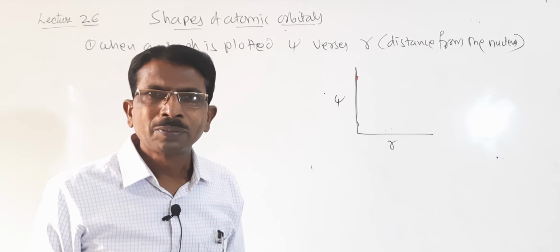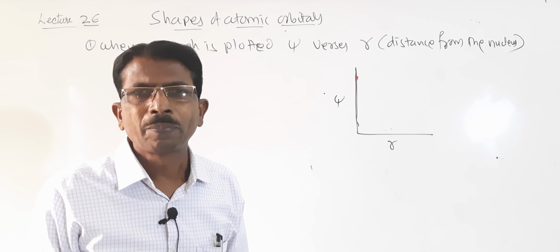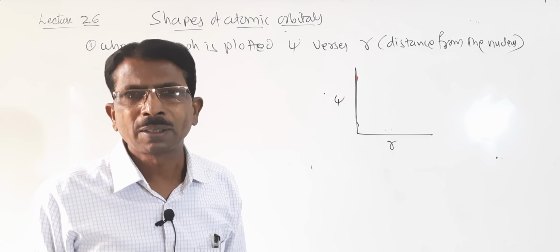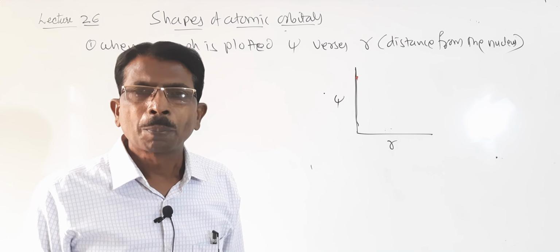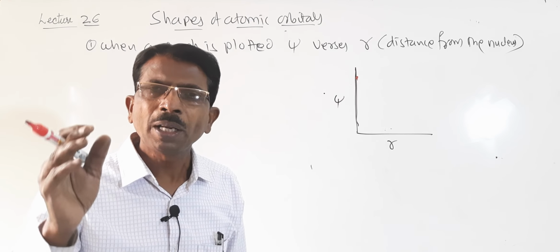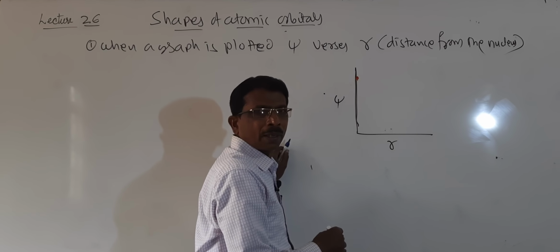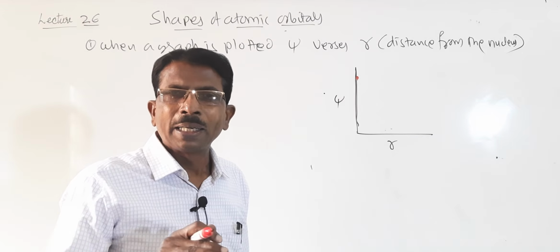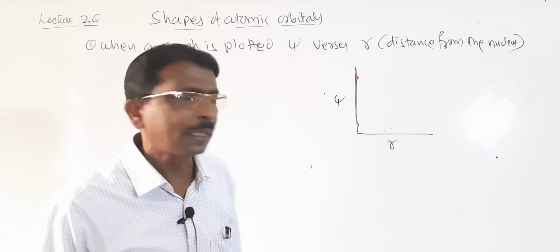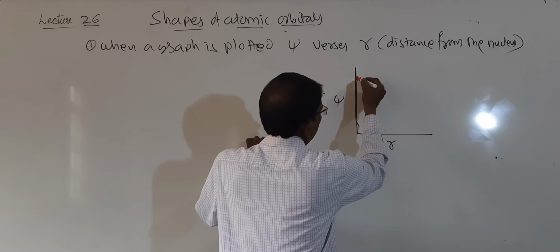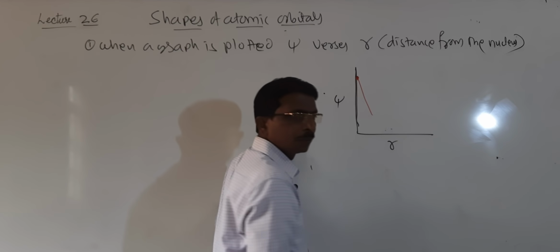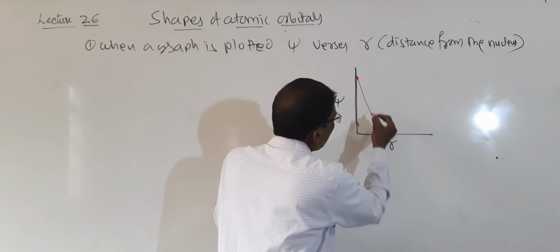Look, when a graph of psi versus r is plotted, the probability density of finding the electron is maximum at the nucleus. It decreases sharply as the value of r increases.